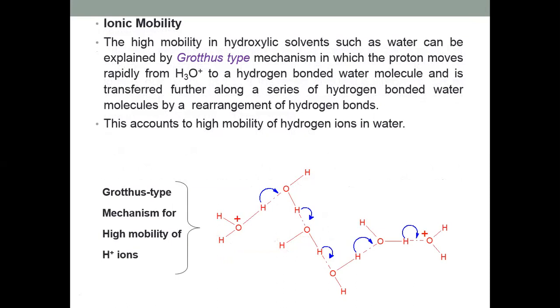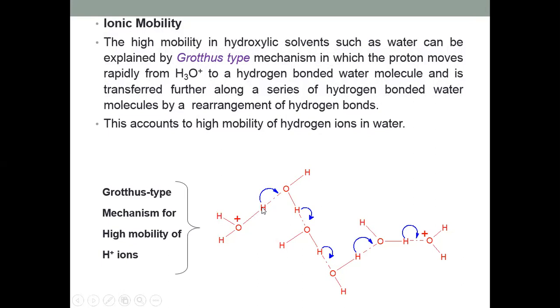So its movement is much better, much larger in the hydroxylic solvents for H ion, can be explained with the Groth's type mechanism shown on this slide here. By this mechanism, we know that H ion can form a hydrogen bond with the water molecule, right?